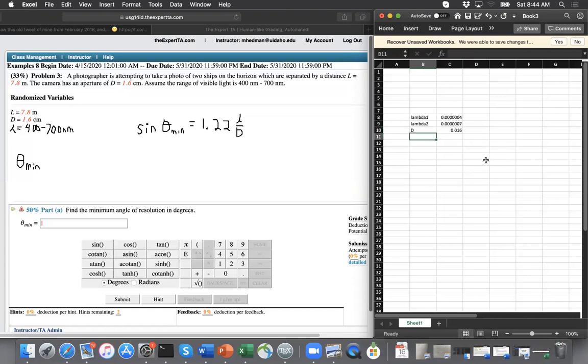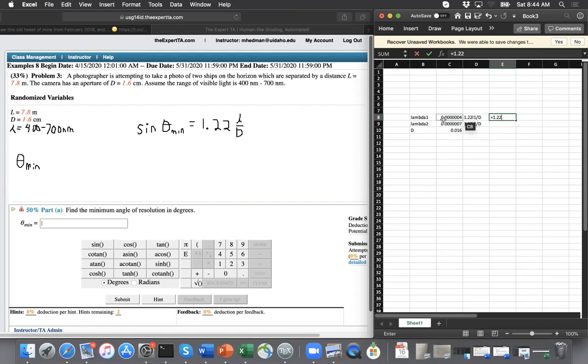Fine. And now what we're interested in is this ratio, 1.22 lambda 1, which I'll just write as L1 over D, and 1.22 L2 over D. Okay, we can now sub in these numbers because we have everything we need.